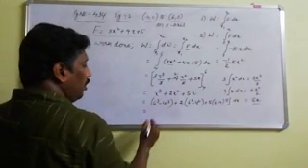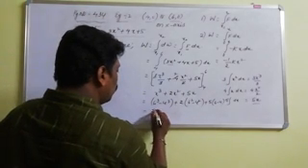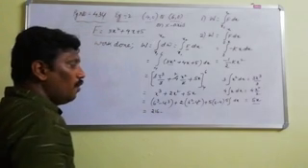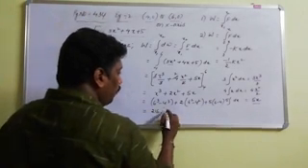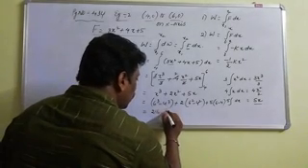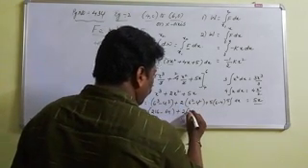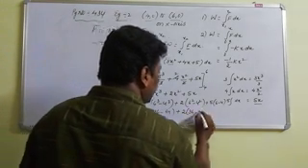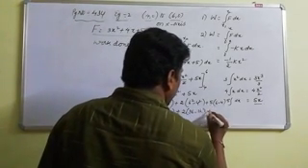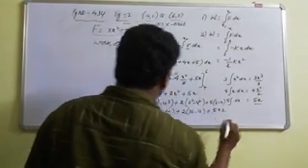So how much are we going to get? 6 cube means 6 into 6 into 6, you will get 216, minus 4 cube. 4 cube: 4 fours are 16, 16 fours are 64, plus 2 into 36 minus 16, plus 5 into 6 minus 4, that is 2, so 5 into 2.